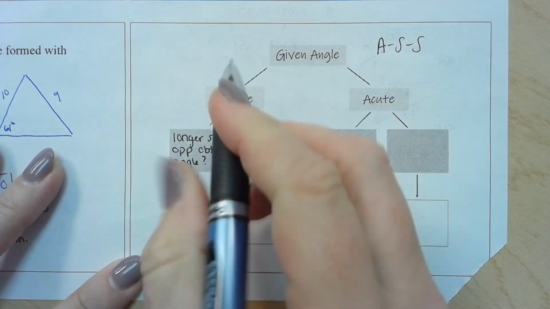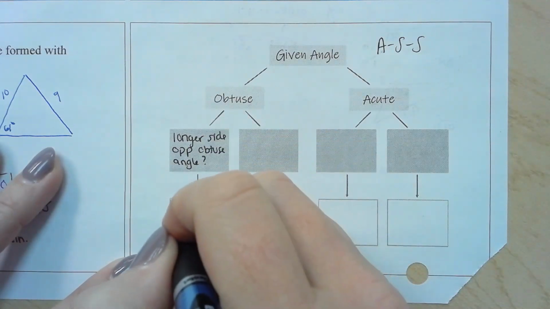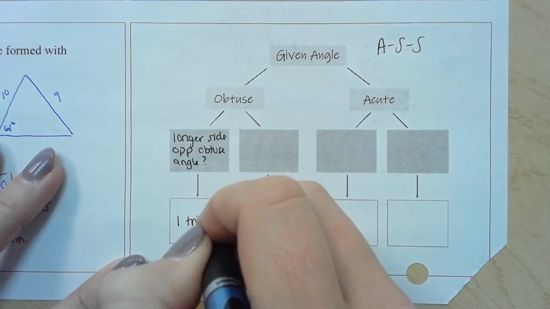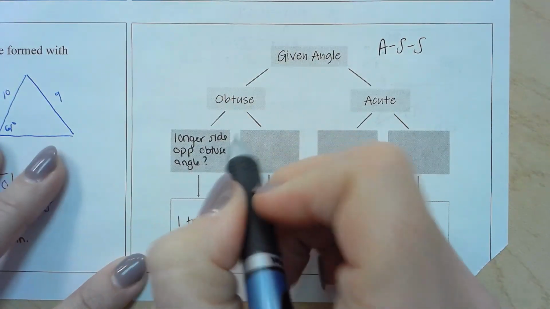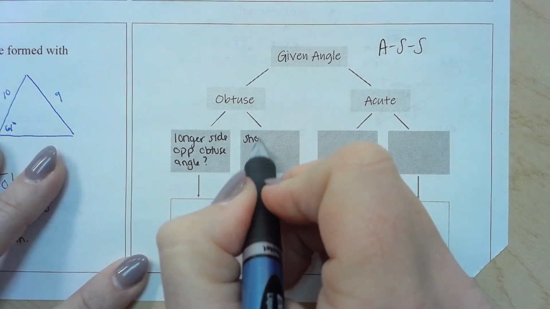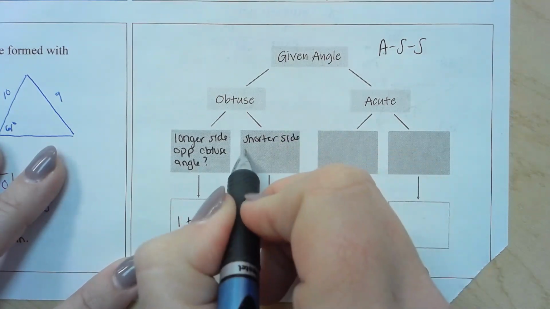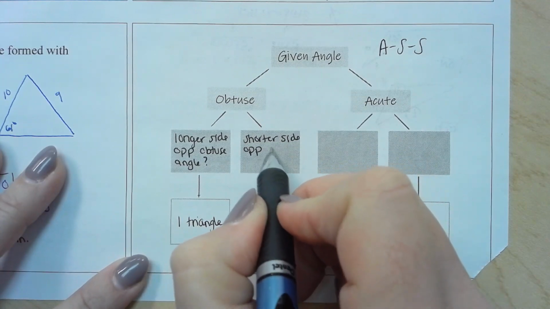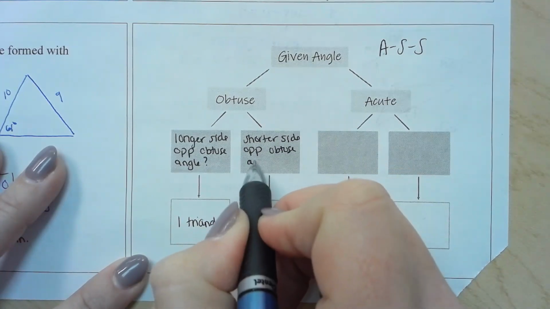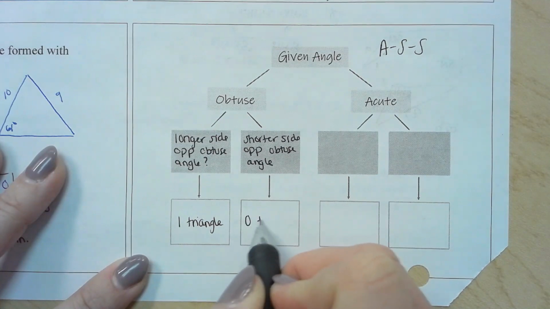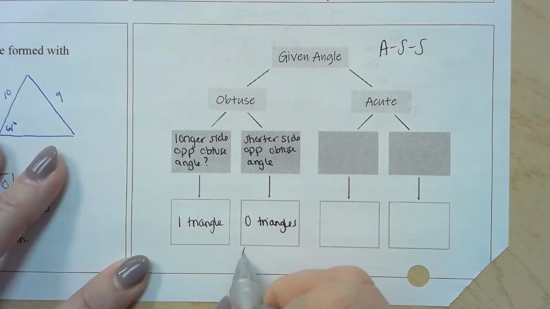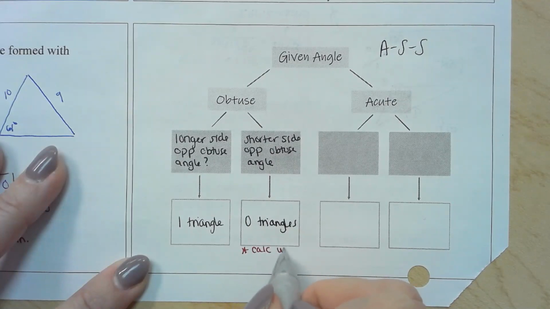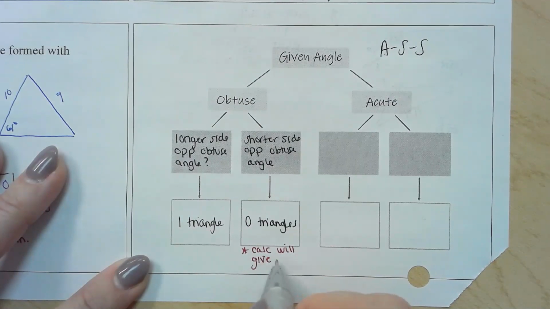And if yes, the answer is 1 triangle. If the shorter side is opposite of the obtuse angle, then you have 0 triangles. Also, though, in this case, the calculator will give an error.